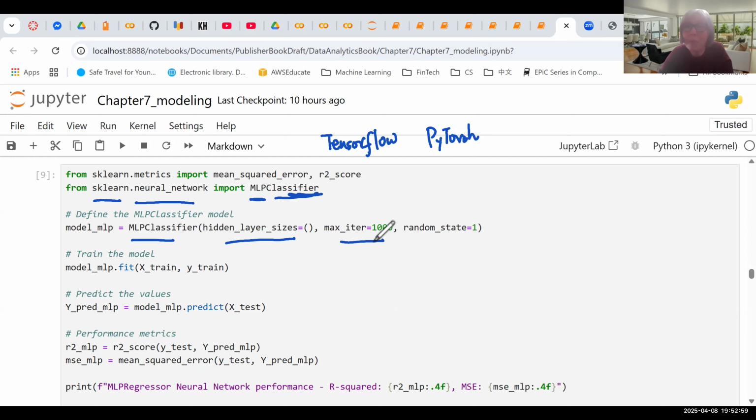The maximum number of iterations is basically about the weights, how many iterations it will go. Sometimes it may not reach this point.